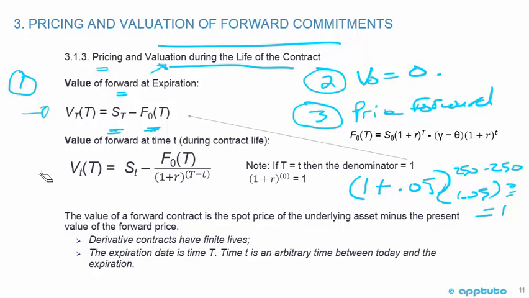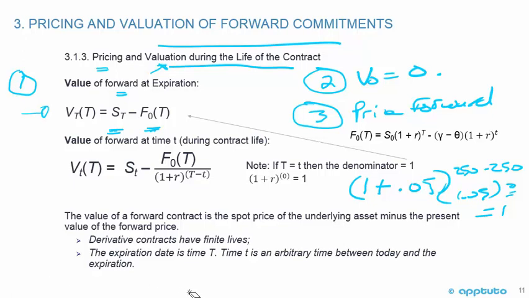So the value of a forward at any time is almost the same equation as the value of a forward at expiration. Spot price at time t minus the forward price, but you're taking that forward price and discounting it back, 1 plus r to the T minus t. And if it's at expiry, t equals T, so we're going to have 1 plus r to the 0, and that equals 1, okay?